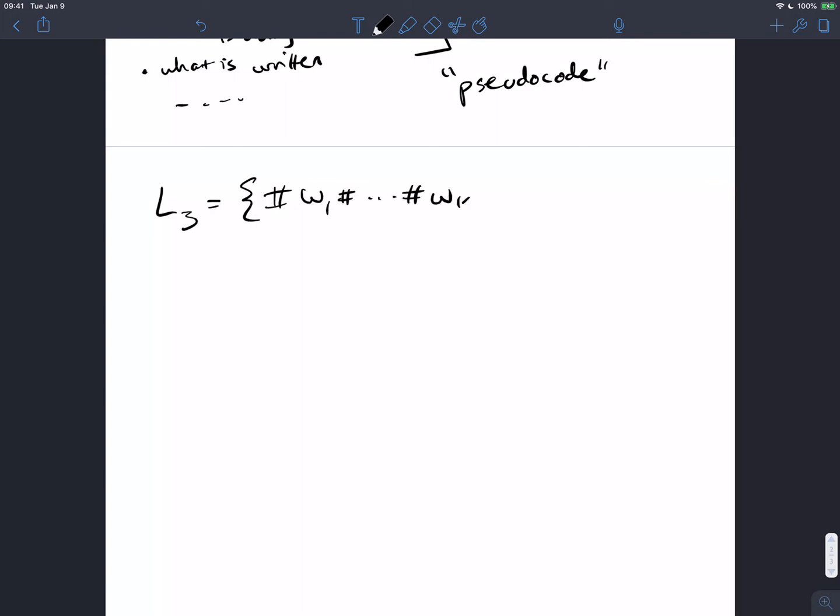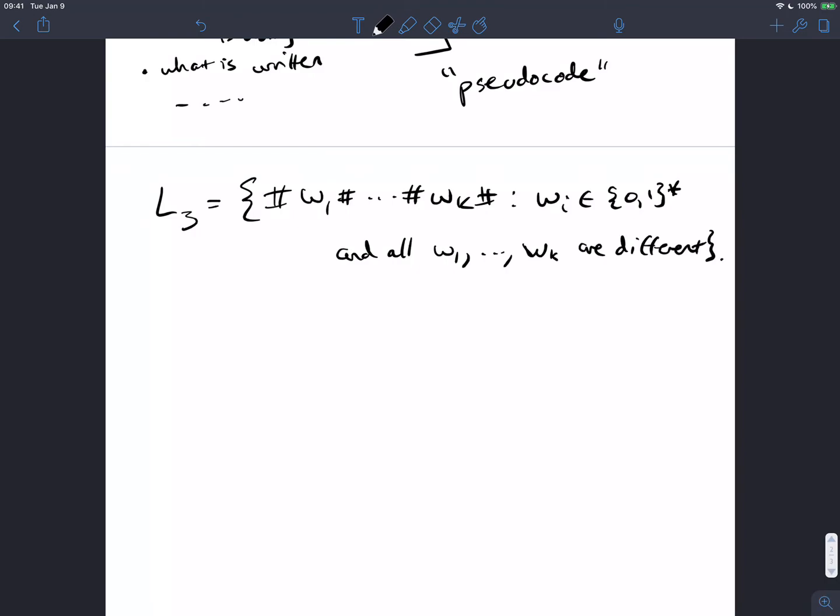So here, what you have are a whole bunch of strings that are delimited by this pound sign. And each of these is a binary string, and none of them have the pound sign inside them. And all of these strings, I'll just say it informally, are different.